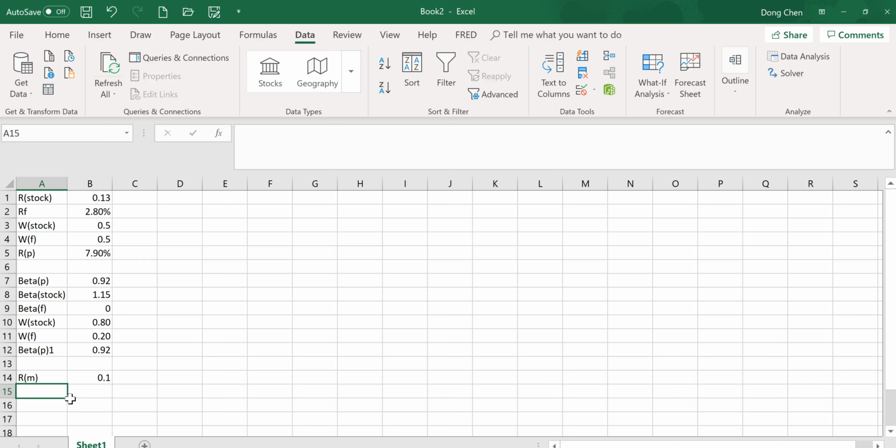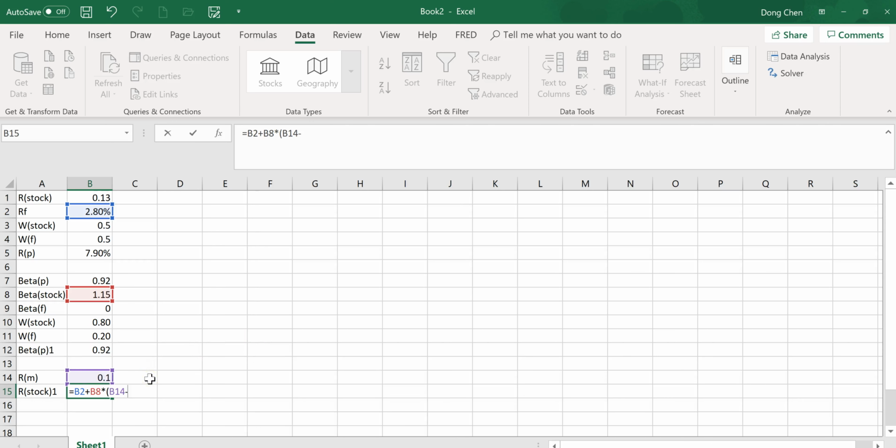But given that Rm is 10%, my stock return, which I call R stock 1, will be based on the CAPM model. Risk-free asset, Rf is here, right? Plus beta of the stock. What is the beta of the stock? Beta of the stock is right here, 1.15, times this Rm, here is 10%, minus Rf.